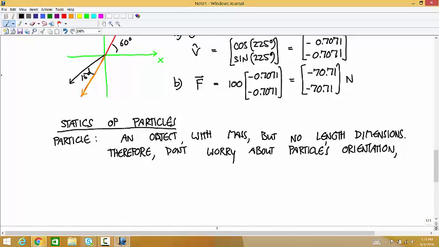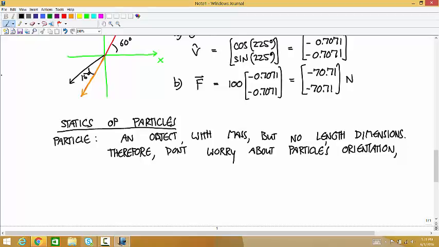The idea with a particle is that there's no way to differentiate between the different orientations. In order for the front to look different from the back, you need to have some kind of length that lets you differentiate. So to us, there's no difference between something being upside down or right side up.